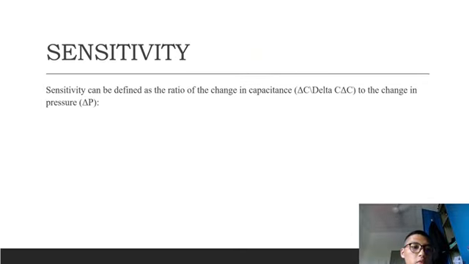So this is the sensitivity of the capacitive sensor. It is defined as the ratio of change in capacitance to change in pressure. The formula is sensitivity equals the difference of capacitance over the difference of pressure.